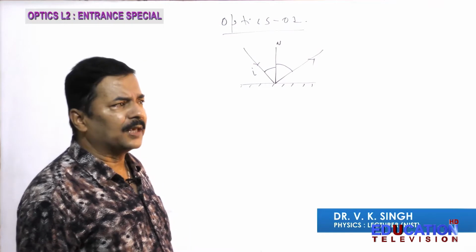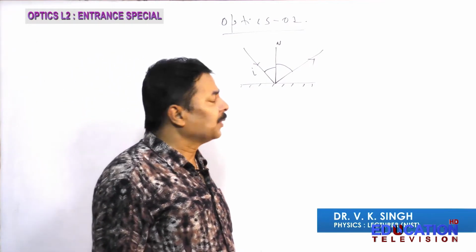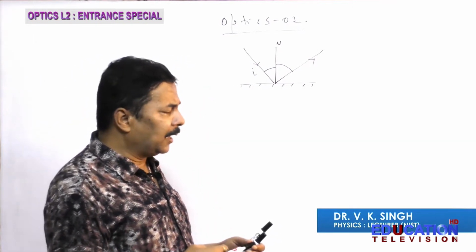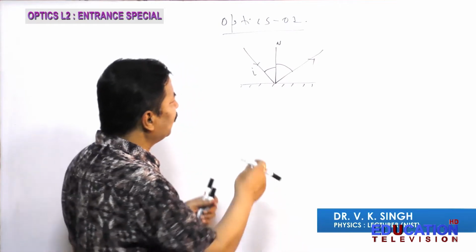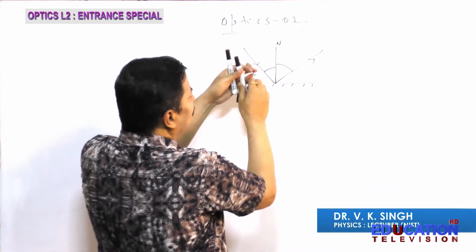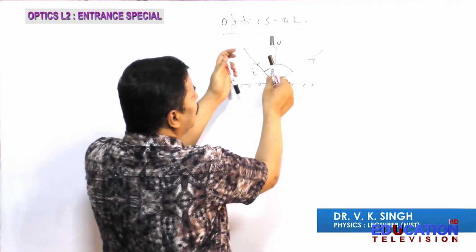What does it mean by same plane? Try to understand. Same plane means if this is the incident ray and this is the reflected ray, this should be the normal, not this.